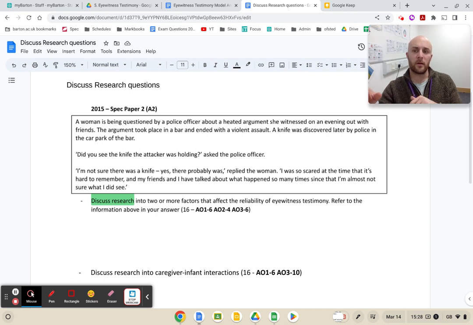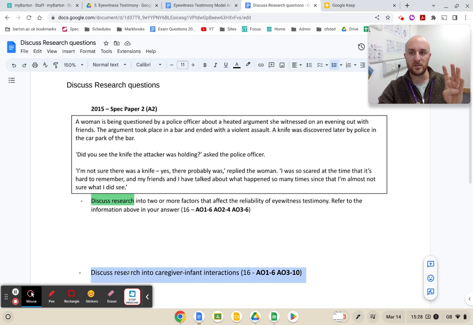Now, the role of the father, you've got Brown et al., Belsky, Hrdy, Geiger, Lamb, Frodi. You've, to an extent, got Schaffer and Emerson as well. Now, you don't need to know those 7 pieces of research, but know 4 of them. I definitely would know at least 4 of them, because you cannot answer this question without referring to research.